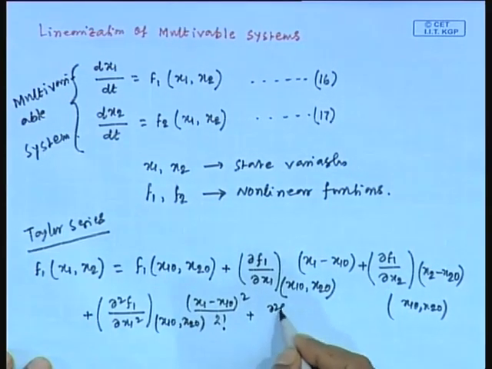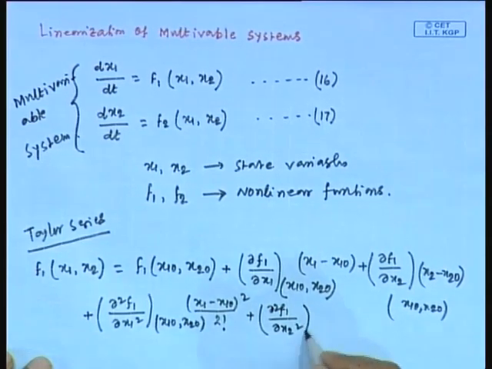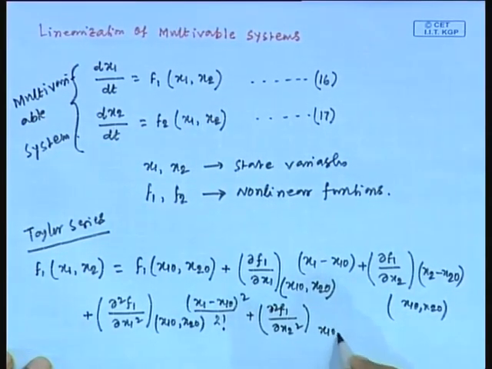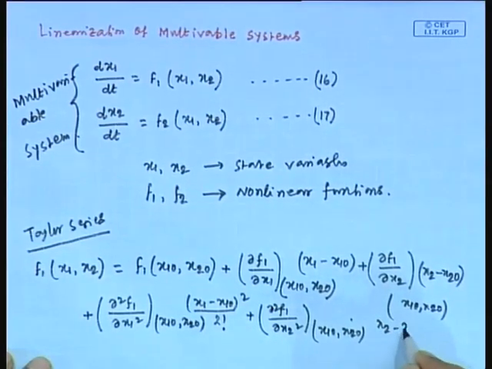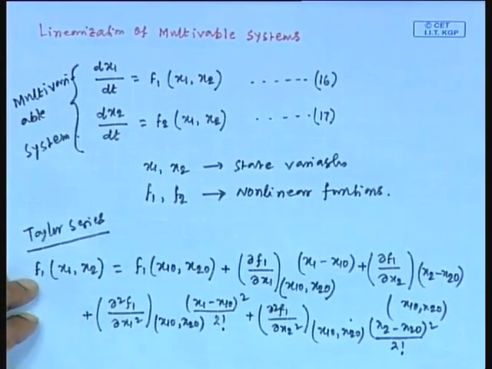Similarly, the second derivative with respect to x2 at x1 naught, x2 naught multiplied by x2 minus x2 naught whole square divided by factorial 2.